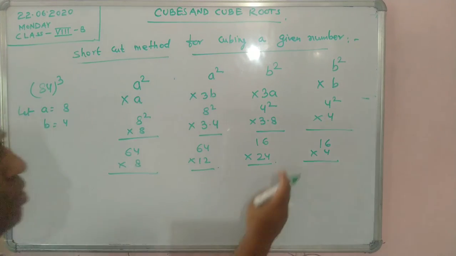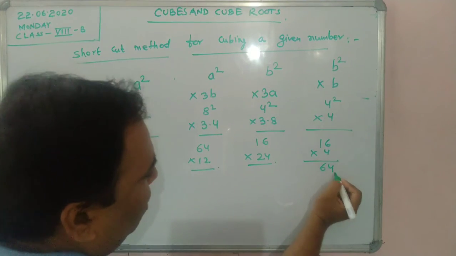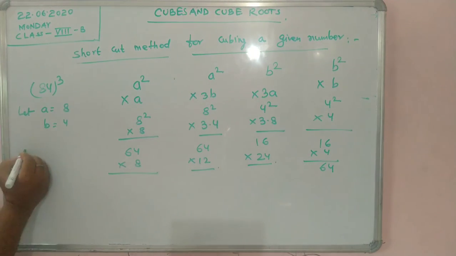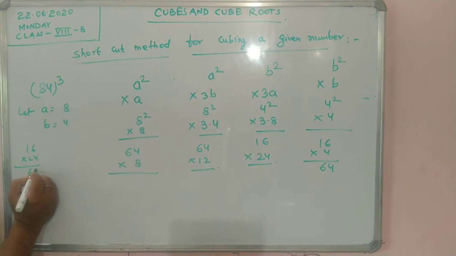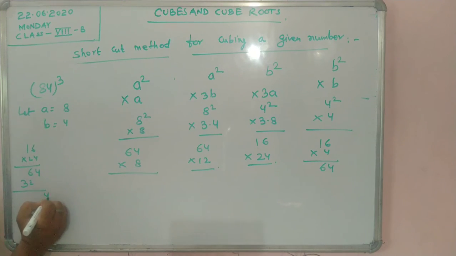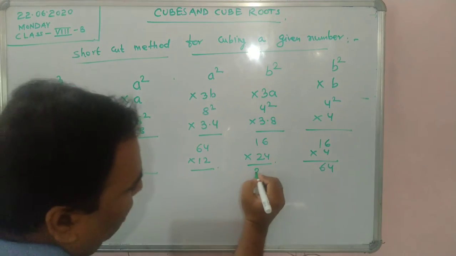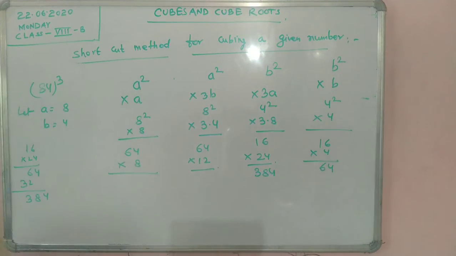So 16 into 4 is 64. I am going to multiply here. So 16 into 24 you can do in the rough area. 16 into 4 is 64, 16 into 2 is 32. So 384 is the product. I will write 384 here.